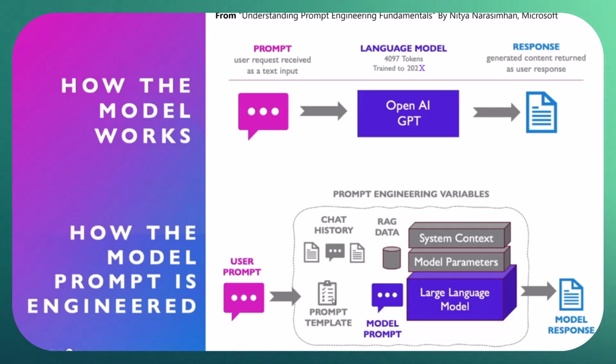It goes in, there's a model prompt, there's retrieval augmented generation, there's also a chat history that combines all with the system context, model parameters, and what it's trained on. Now, understanding the context of this can help a little bit, as well as things like tokens. And so I put some extra vocabulary words in the handout.